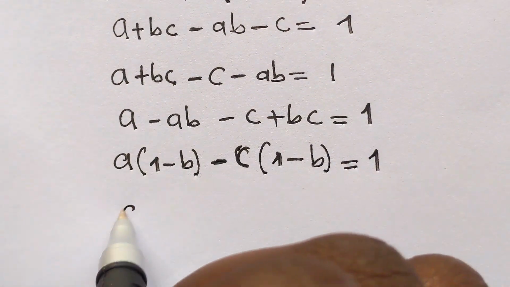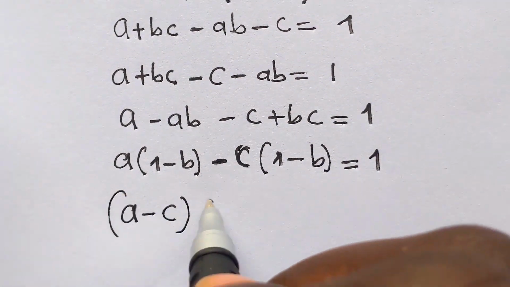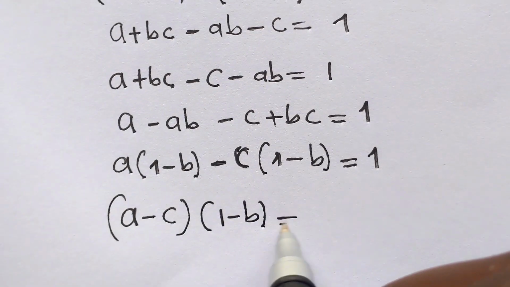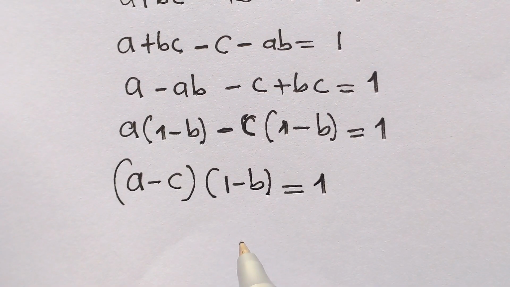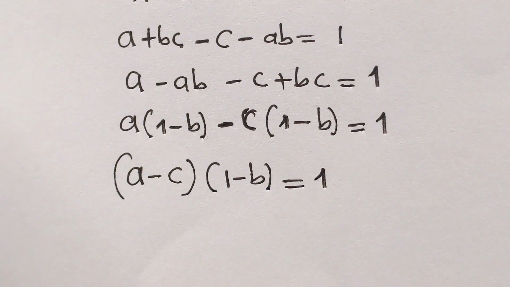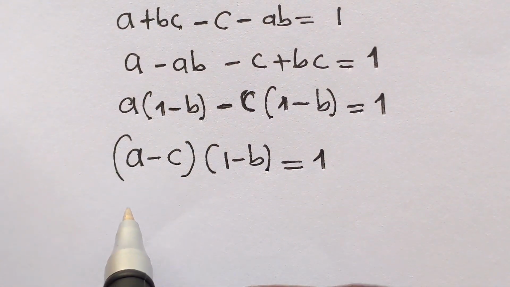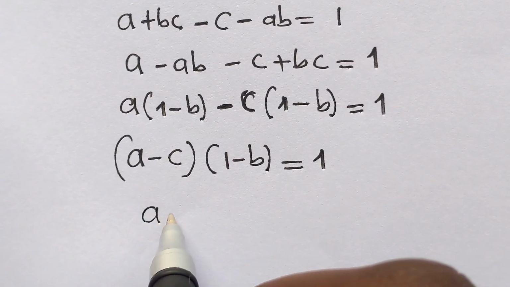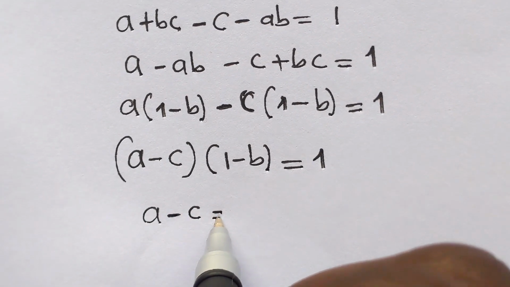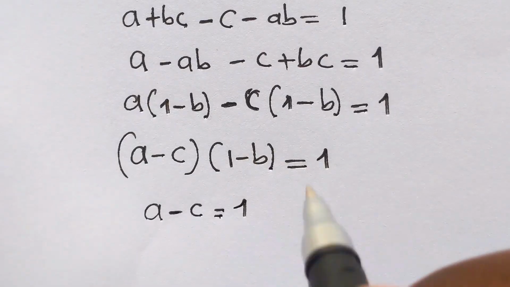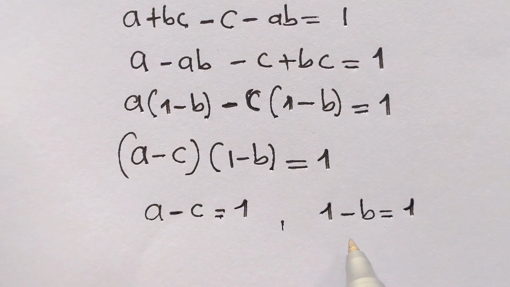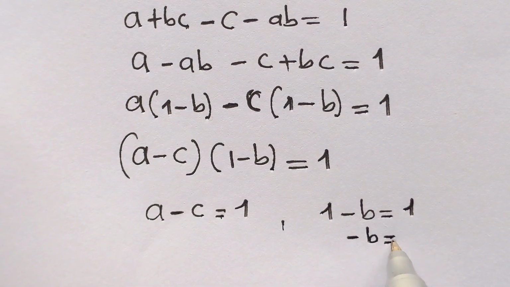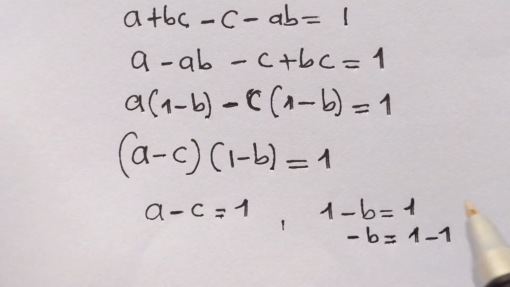Then you can write (a minus c) times (1 minus b) equals 1. What are we going to do at this stage?